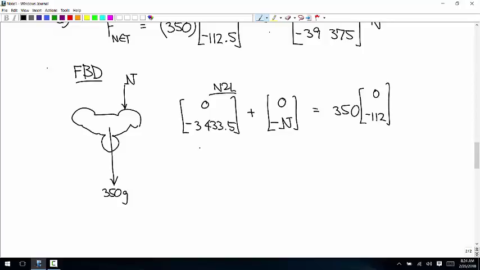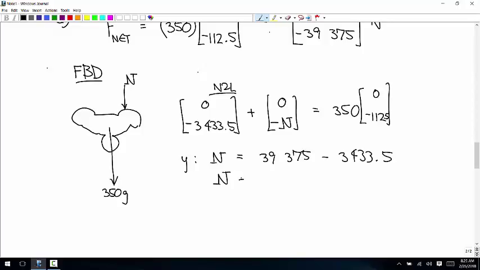And so if you use the y equation, you get N is equal to 350 times 112.5, and that was positive 39,375, minus 3,433.5.